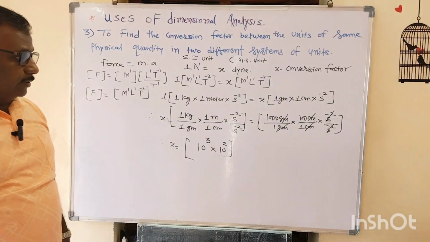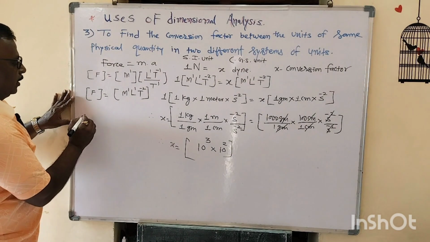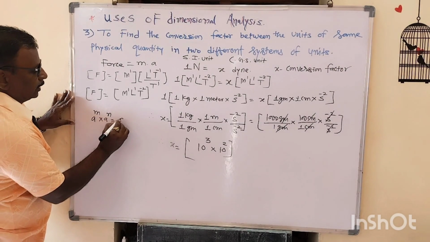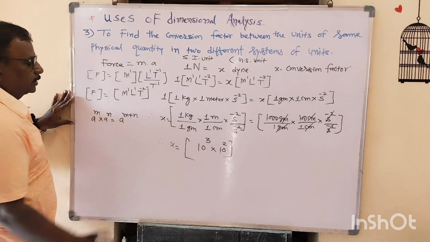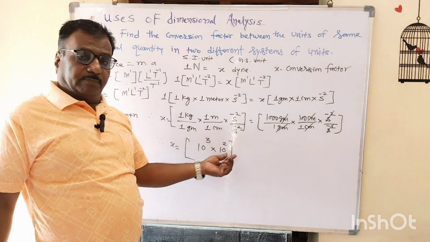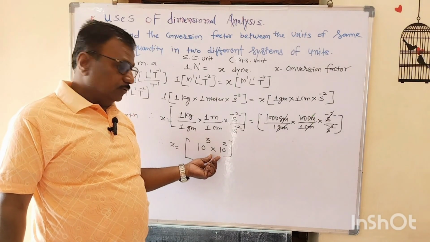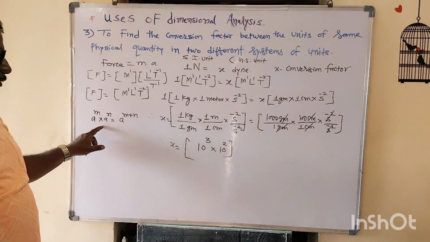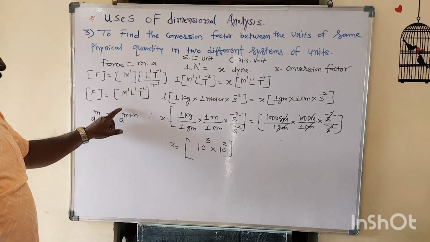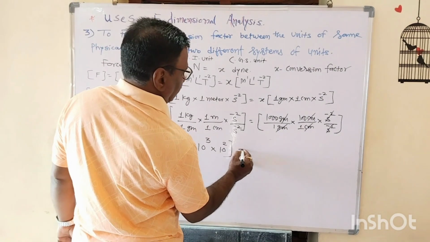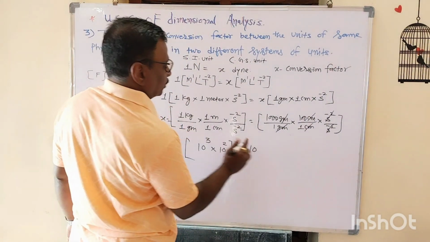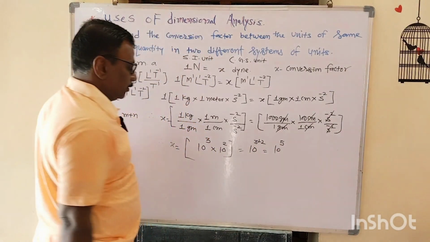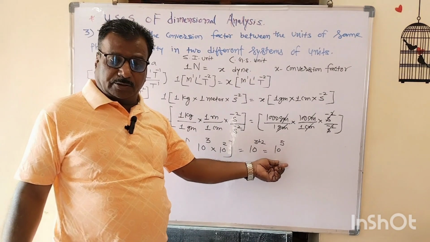Here again, using formula of indices: a raised to power m multiplied by a raised to power n is equal to a raised to power m plus n. Here base is same and there is a multiplication between these two, then we add 3 plus 2. Similarly, we get that is equal to 10 to the power 3 plus 2, so that is equal to 10 to the power 5. This is the value of x.